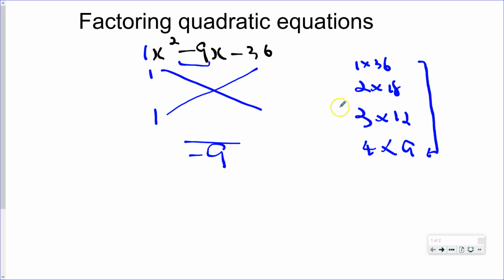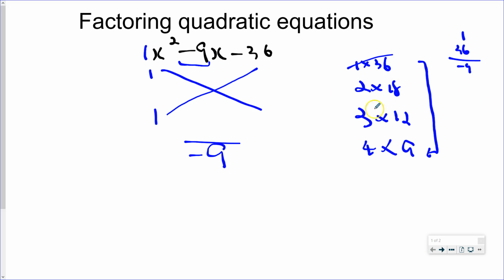1 and 36 is not going to work. The reason for that is 1 times 1 is 1, 1 times 36 is 36. Will I ever be able to get to my -9? No, because those two numbers can either give you a 35 or a 37, positive or negative. Whichever way that is going to go, it's not going to be your -9.